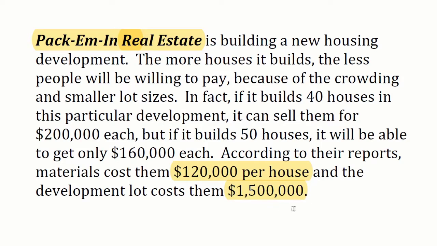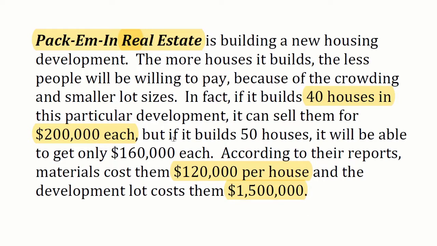So now suppose that professional has already observed the market for you, and says, hey, if we build 40 houses in that particular development lot, then we can sell them for $200,000 each. So 40 houses in this location, we can sell at the price of $200,000 each. How do we know that? That's the whole point of hiring a professional. They observe markets for us if we don't want to do that ourselves.